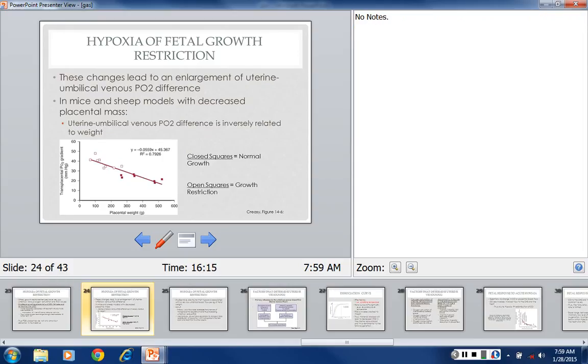Again, these changes lead to an enlargement of the uterine umbilical PO2 difference. You might see sheep models where they decrease placental mass. The uterine umbilical venous PO2 difference is inversely related to the weight. As the placenta gets smaller, you have normal growth down here, and they have a lesser gradient; bigger placenta, smaller placenta, more resistance.